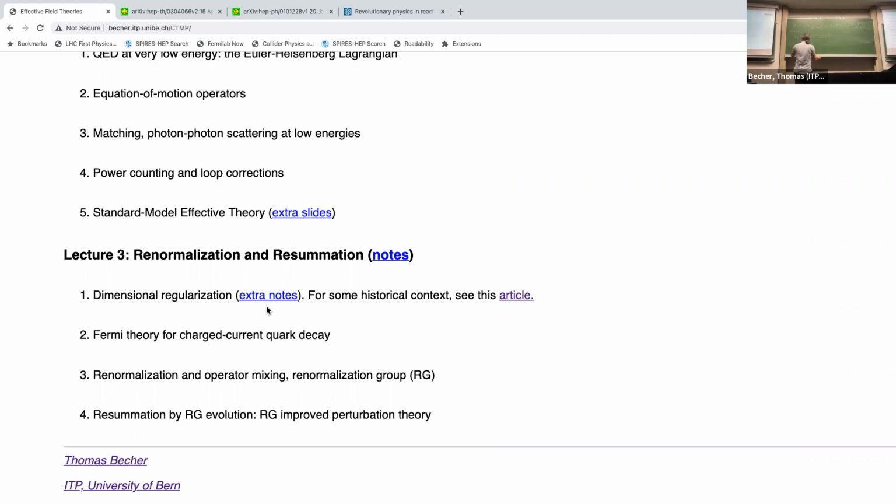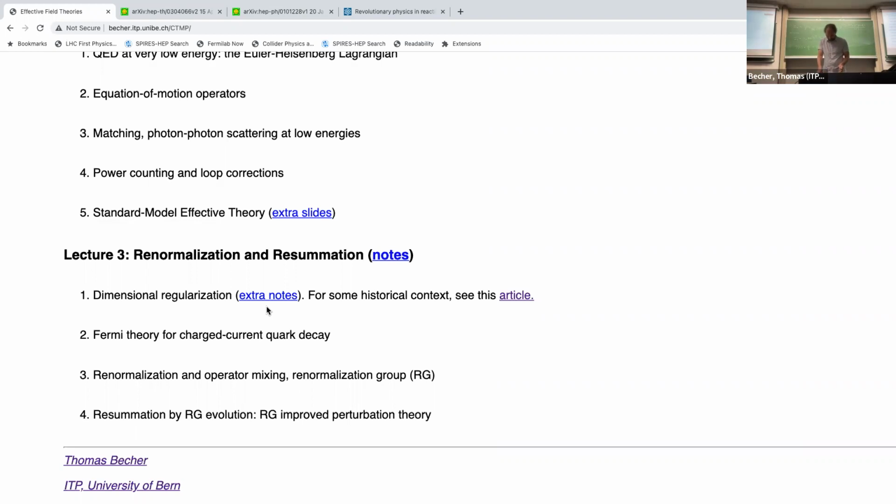And then what happens is you find that you get a 1 over epsilon. So there is a pole in epsilon at 0, which is a reflection of the fact that the integral is divergent. Then there's some Euler constant. And then there are more things. Is it plus gamma Euler?